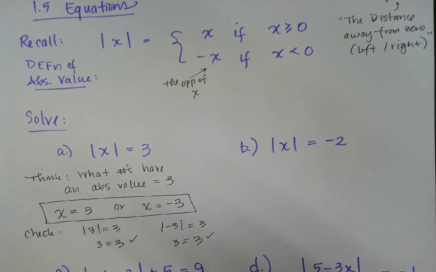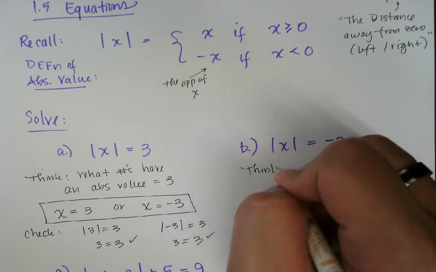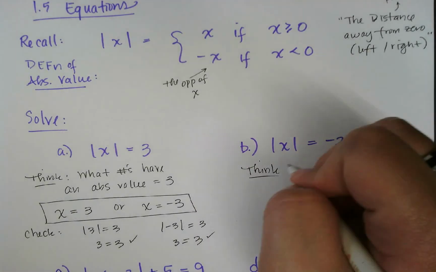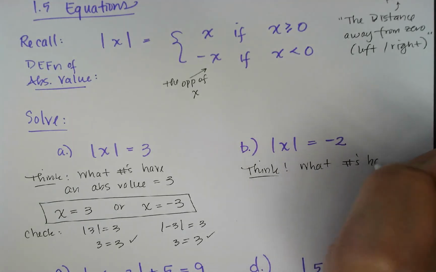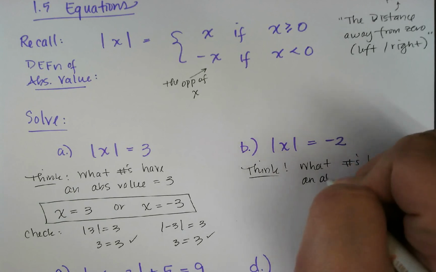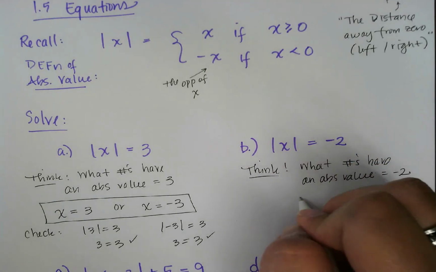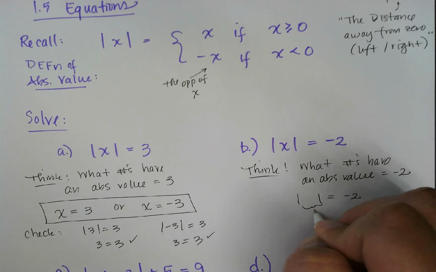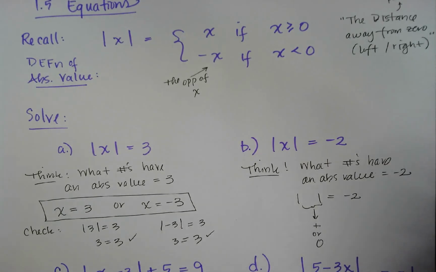Here, be careful. Again, you always want to do this think step. I talk about that think step in the quiz review. So think, what numbers have an absolute value equal to negative 2? So what can sit in here and equal negative 2? Well, anything that comes out of here is going to be a positive number, or it's going to be the number 0. Anytime you walk out of the absolute value bars, this number is going to be positive, or that number is going to be 0.